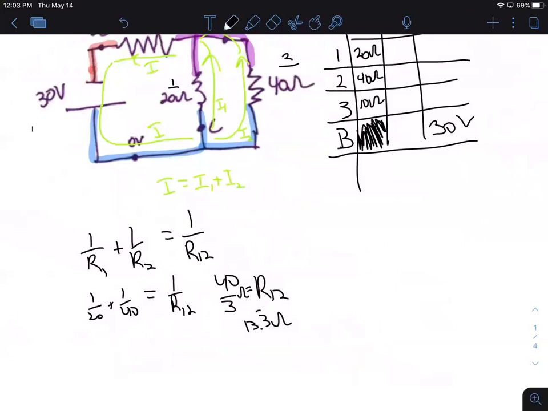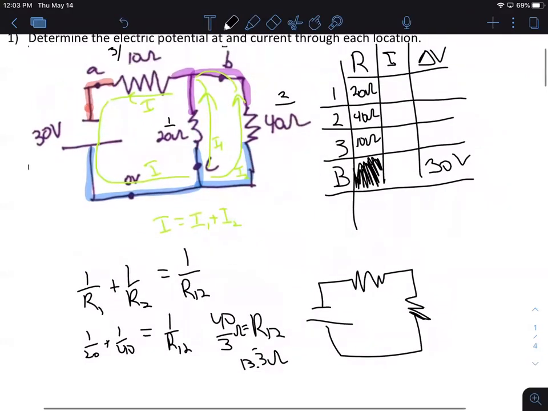Great. So let's redraw this circuit with our new combined resistor. So this circuit, our original circuit, will behave exactly like this equivalent circuit in terms of the current coming from the battery and all that.